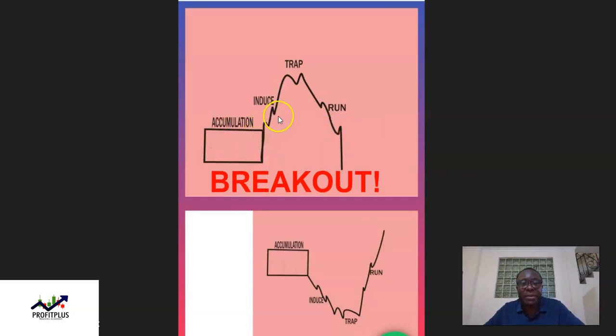Once there's a breakout, the market usually has like 3 pushes. You can see it here: 1, 2, 3. In Elliott wave counting, it will be 5 waves: 1, 2, 3, 4, and 5. In some cases, these 5 waves are not very visible. It's important that you understand the phase, the market environment that you are in.